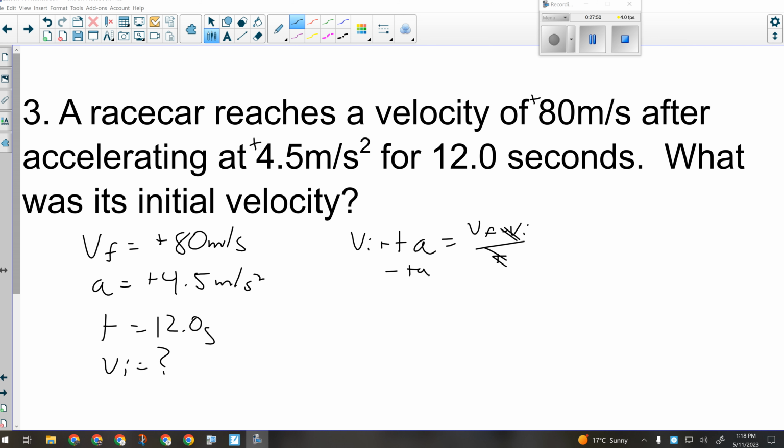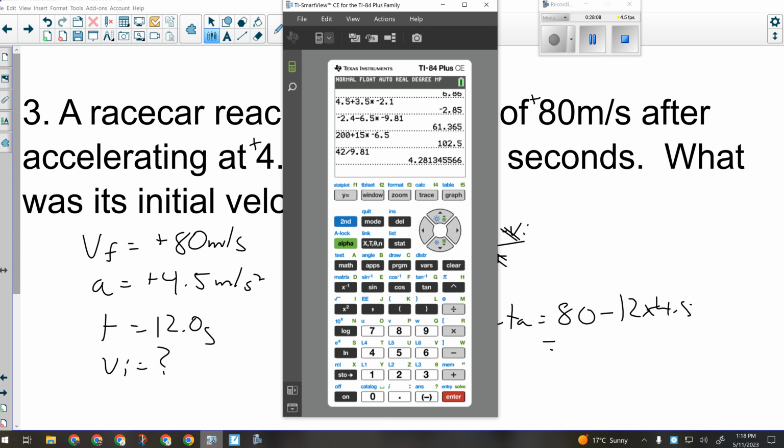Then subtract T times A from both sides. So VI equals VF minus T times A. So 80 minus 12 times 4.5. Everything is positive, so I don't have to worry about signs.